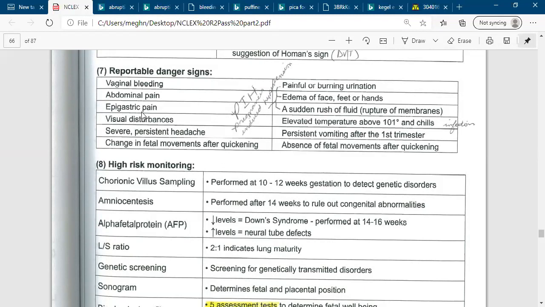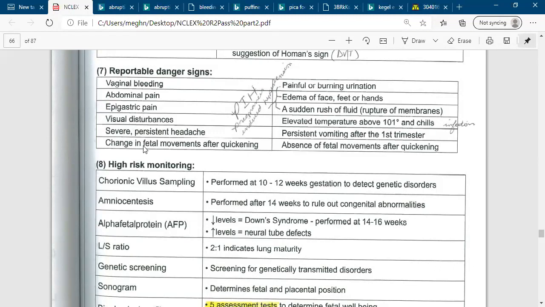Sometimes visual disturbance or severe persistent headache is common in case of preeclampsia or eclampsia. So when a mother comes with this complaint, we have to find out the underlying cause. Maybe it is a complication of pregnancy.